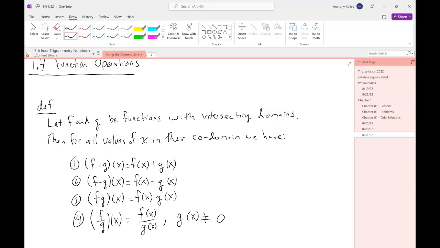F minus g of x is f of x minus g of x. F times g of x is f of x times g of x. And f divided by g of x is f of x divided by g of x, provided g of x is non-zero.